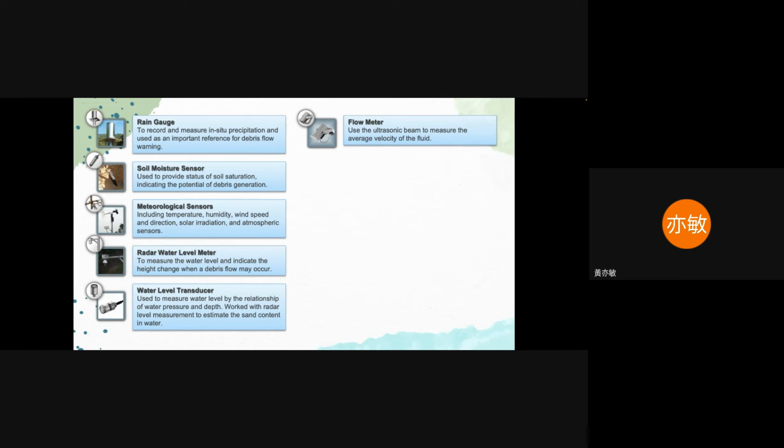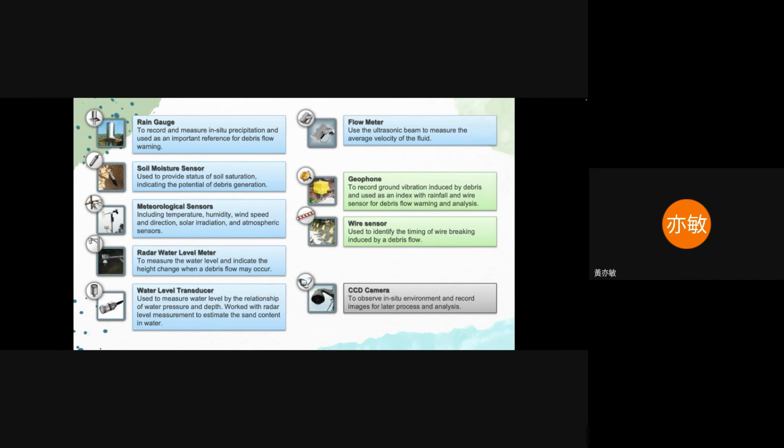So this is just a table of the sensors we use in this case. And there's one I highlight here. We call it the contact type. The geophone sensors and the wire sensors can tell you a debris flow is coming through, and it is real. It's different from the rain gauge.